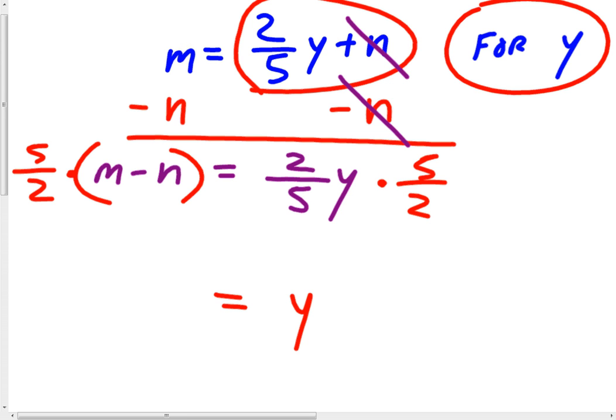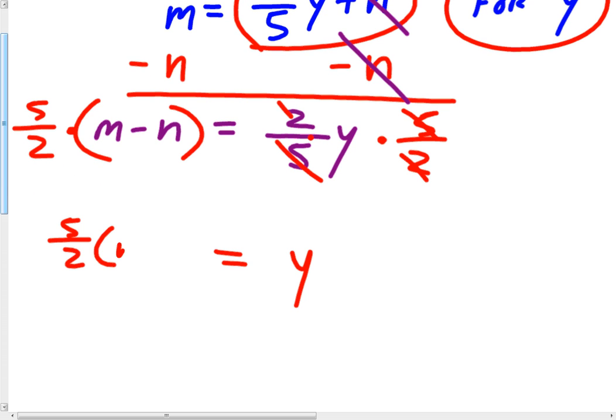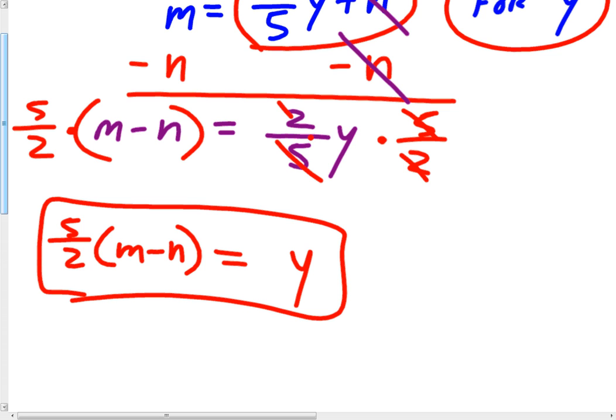It's not just 5/2 times m, it's 5/2 times everything on that side. That could be your answer. The answer might just be this. Is y all by itself? Did we get the variable alone? Yes, that could be your answer.